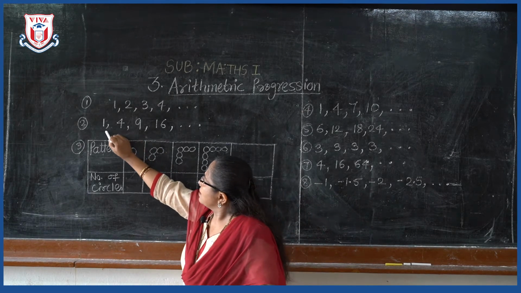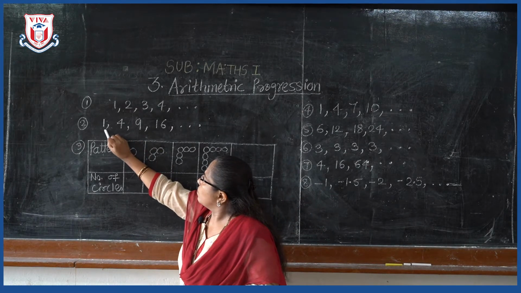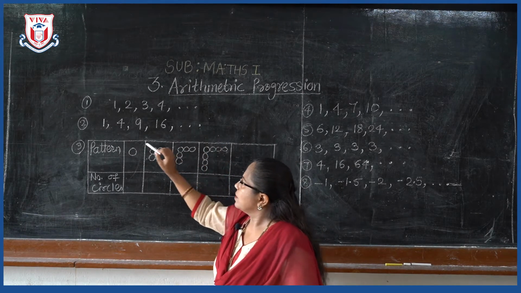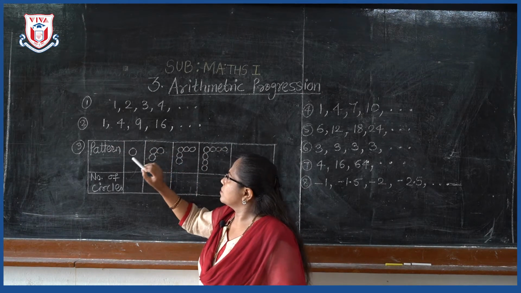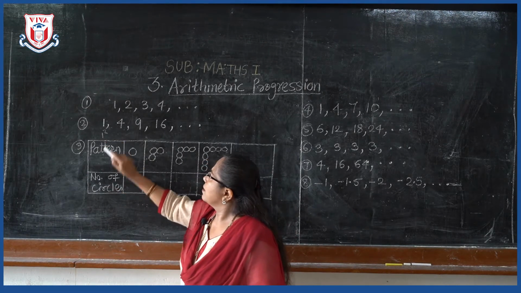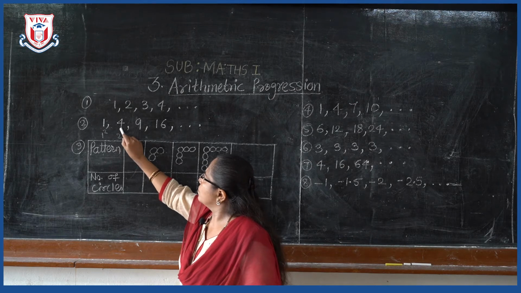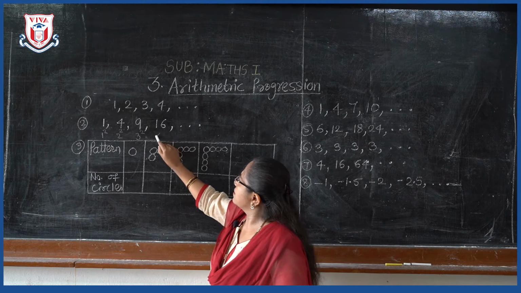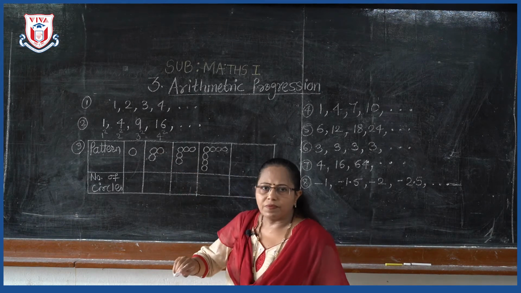Now the second set of numbers is 1, 4, 9, 16 and so on. If you observe these numbers, you come to know that 1 is the square of 1, 4 is the square of 2, 9 is the square of 3, 16 is the square of 4.